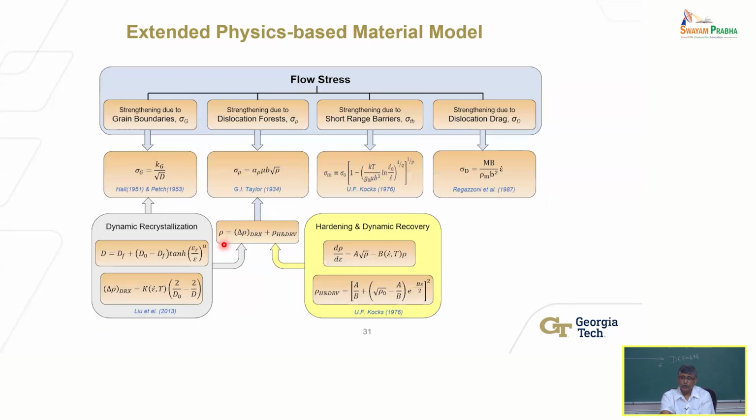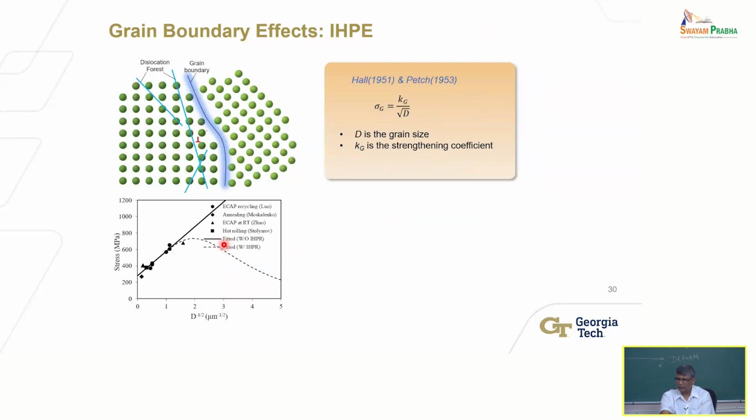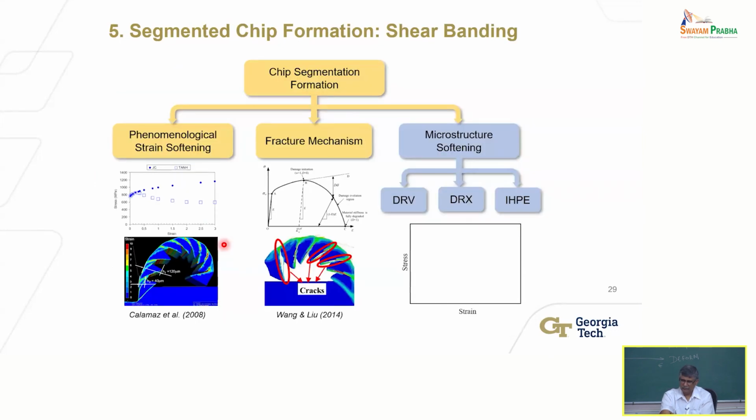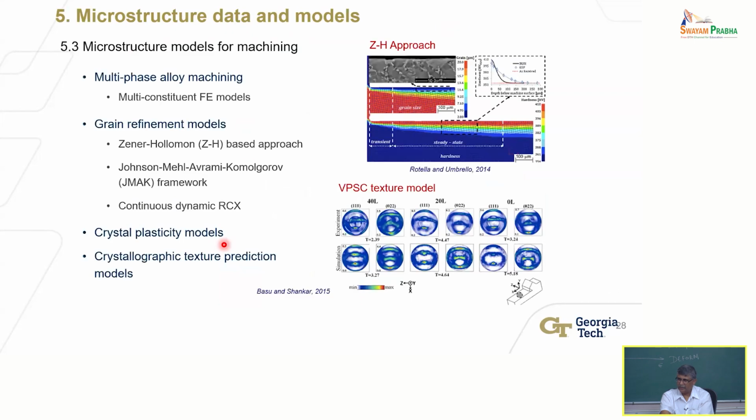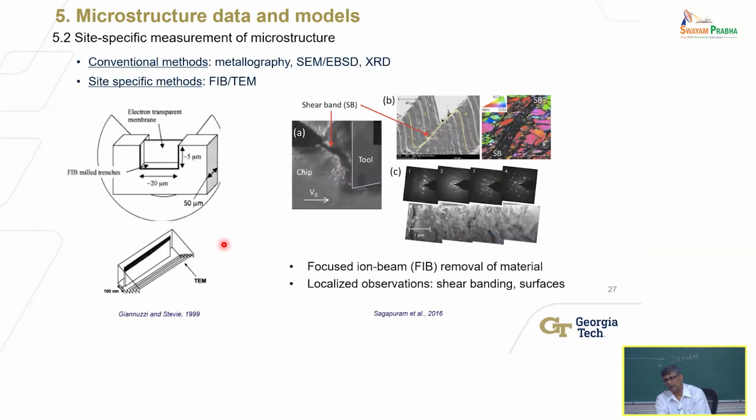I showed you one result where the rake angle was 0, but we have other data where the rake angle is varied. There's a lot of work in the literature where people have changed the rake angle. Professor Chandrasekhar's work varies the rake angle often, because that's one way to vary the strain in the material. So indeed, there's work done. And in these commercial software packages, you can change the rake angle. It's not a problem at all.